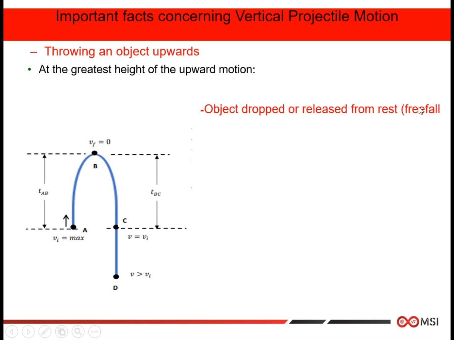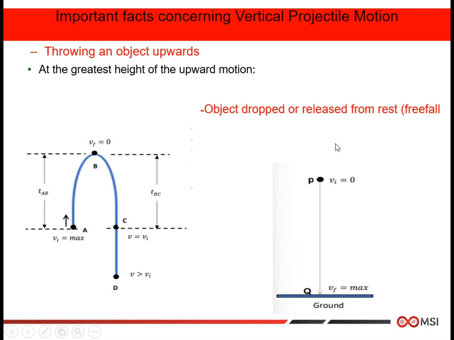So this is free fall, and we illustrate it with a diagram. When an object is at rest, that's our v initial, which is different from the v initial of being thrown or projected.